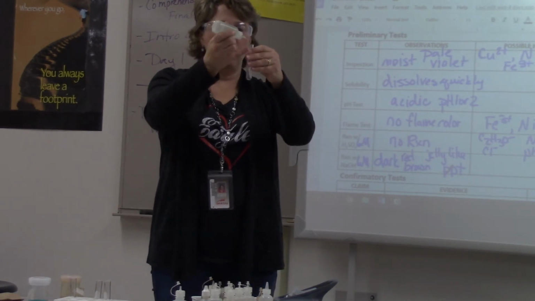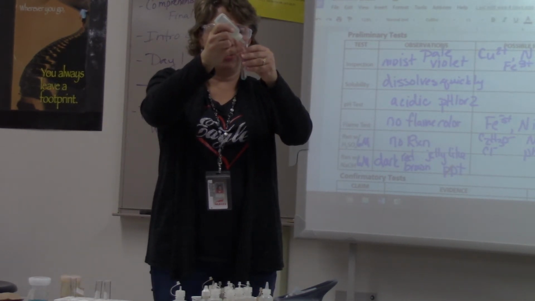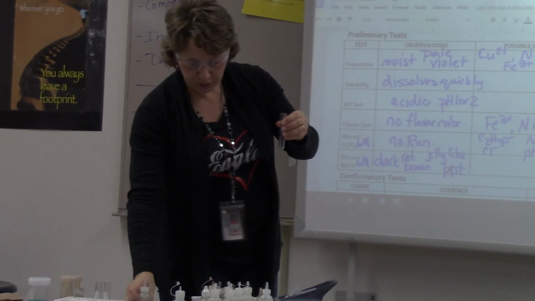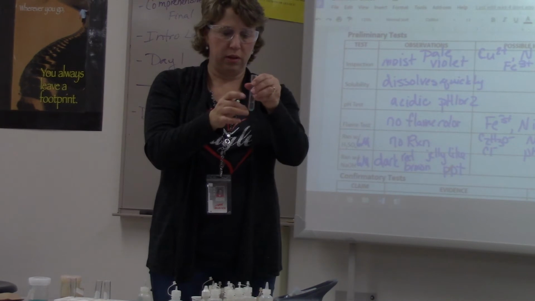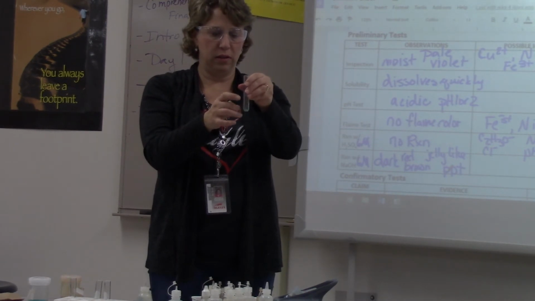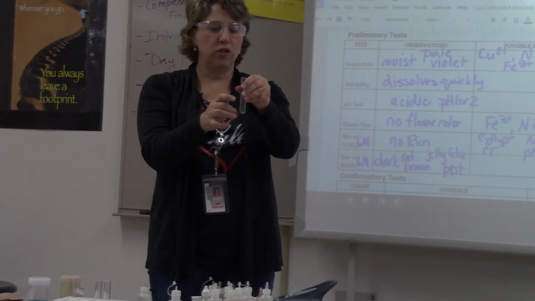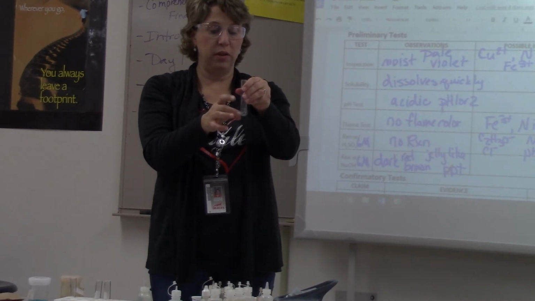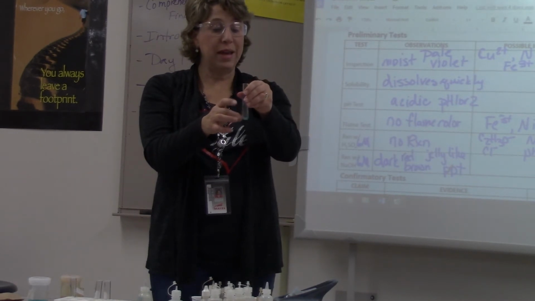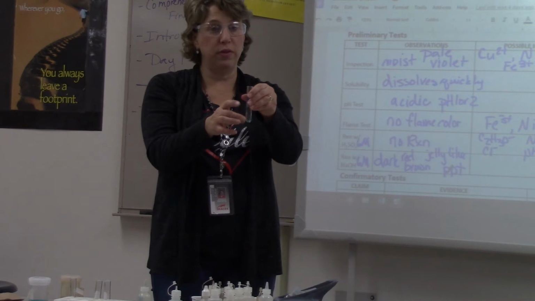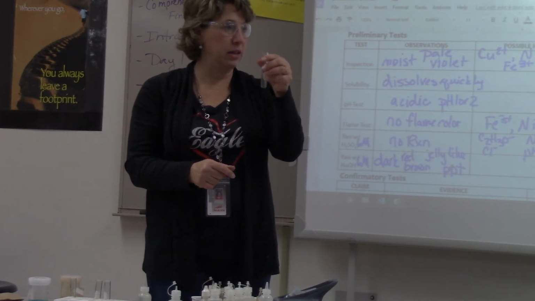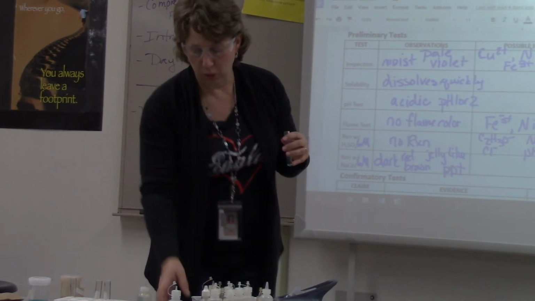I'm going to do the same thing with nickel, so I need to make an aqueous solution. 5 drops. Need it to dissolve. If you're trying to do a precipitation reaction, it's important that you get it to dissolve. If you can't get it to dissolve by just mixing it, what's one thing that we can do to help it dissolve? Heat it up. Heat it up just a little bit.